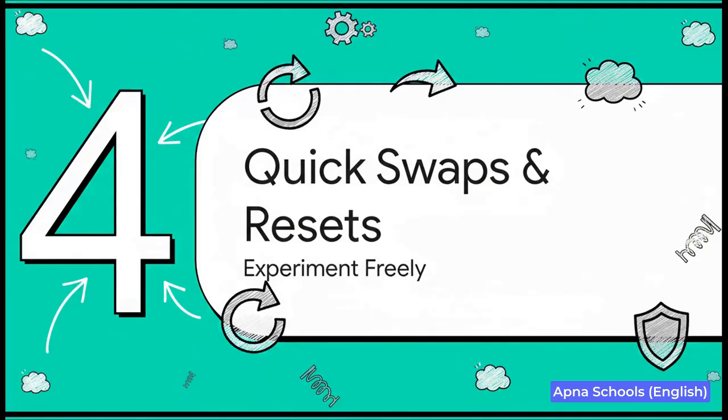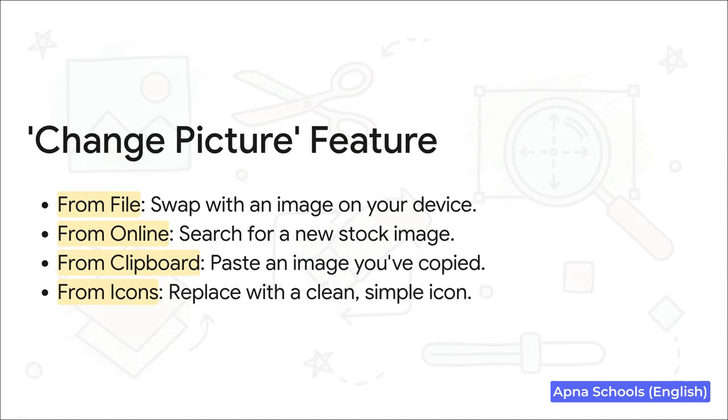So at this point, you might be thinking, okay, this is awesome, but what if I go too far or just completely change my mind? Well, don't worry. Word has some great built-in safety nets, so you can experiment without any fear. Okay, imagine this. You've done all the work, you removed a background, you added some effects, and then you decide you want to use a totally different image. You don't have to start from scratch.